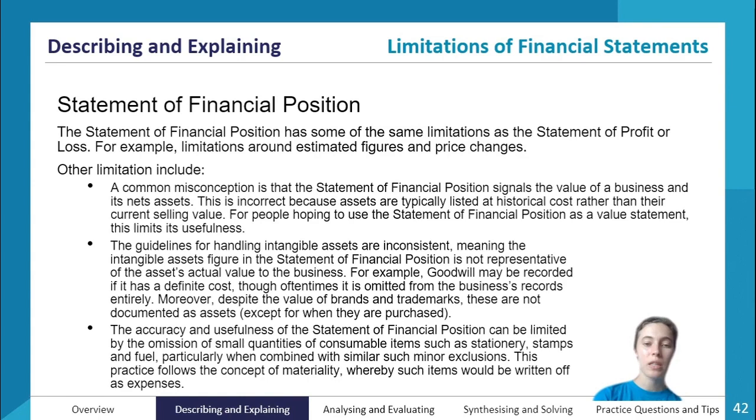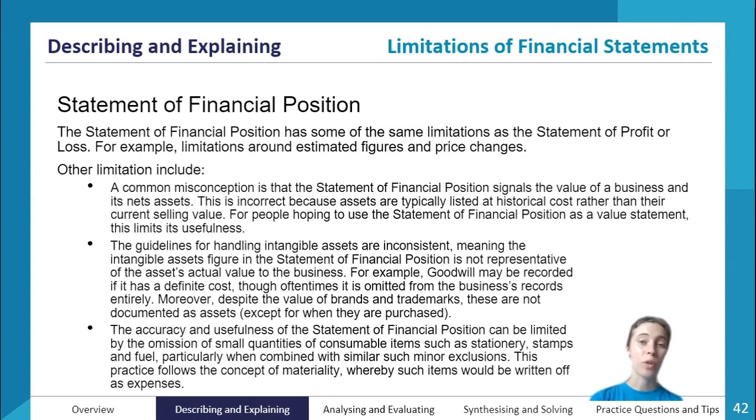So a common misconception around the statement of financial position is that it signals the value of a business and its net assets. So it's not as straightforward as that, because assets are typically listed, like we spoke about earlier, at historical cost rather than their current selling value.